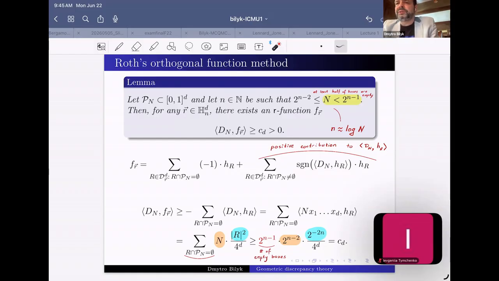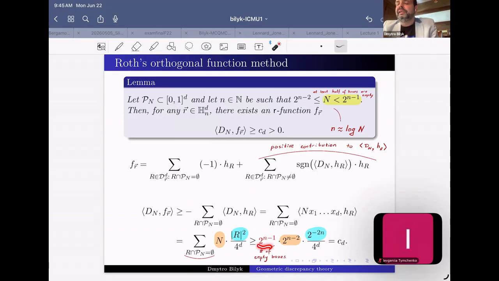So you have two different signs, plus or minus; choose the one that makes things bigger. That will be exactly this. So when you take the inner product with D_N, this part will have some positive contribution. We're interested in the lower bound, so we can just drop this part. We'll only deal with the empty rectangles, and for empty rectangles, we can just use the computation from the previous slide.